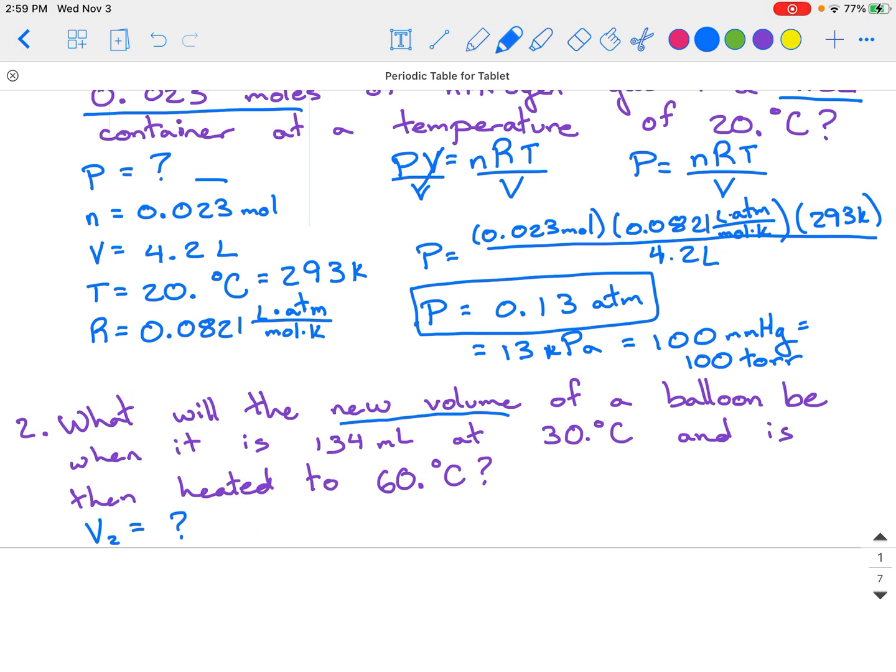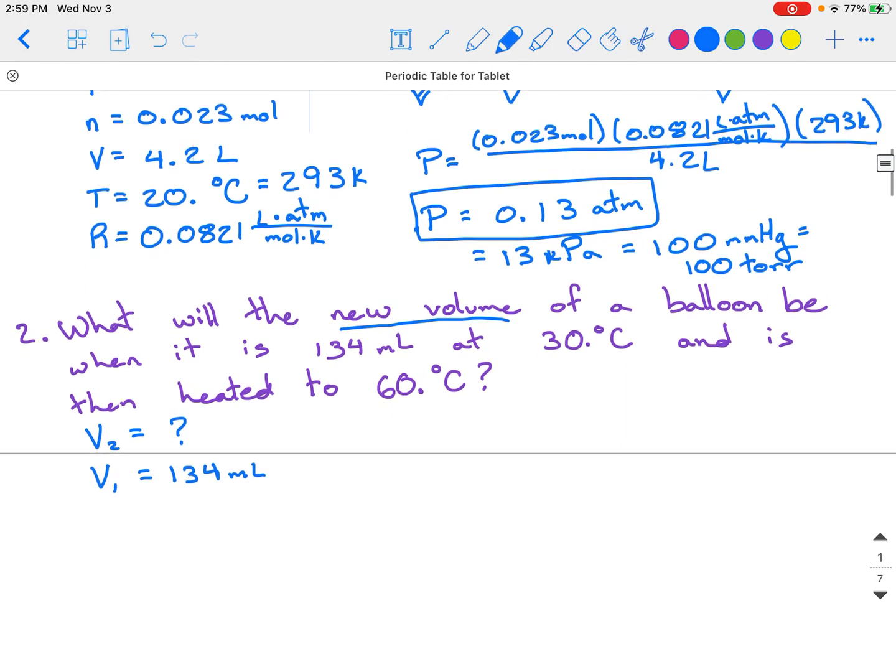So V1 is 134 milliliters, T1 is 30 degrees Celsius, and T2 is 60 degrees Celsius.